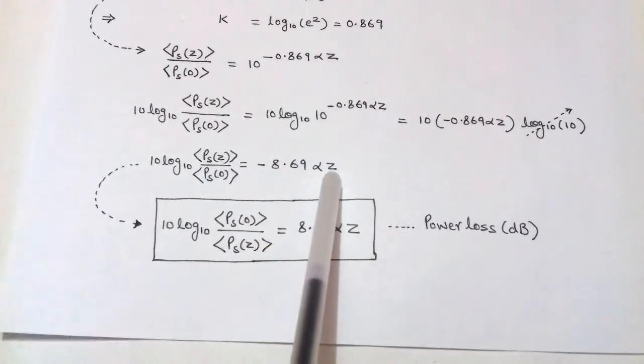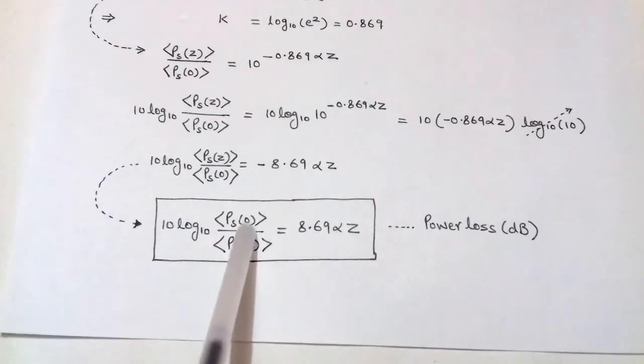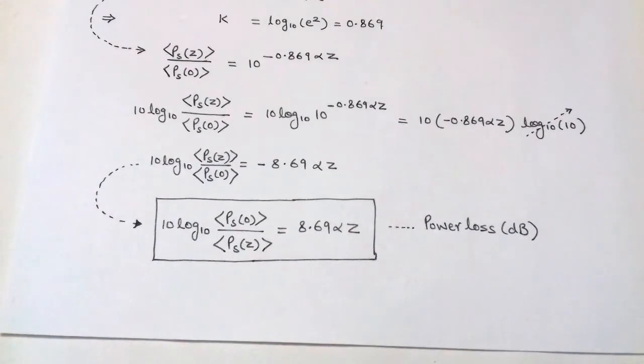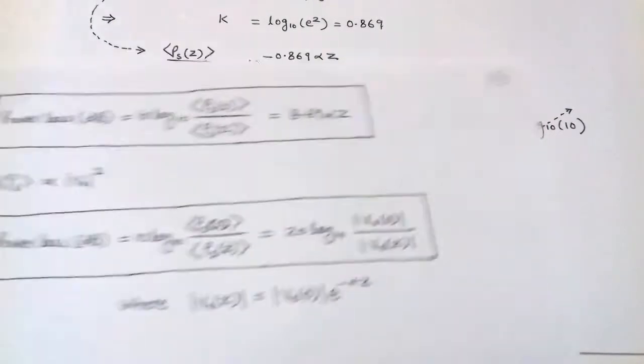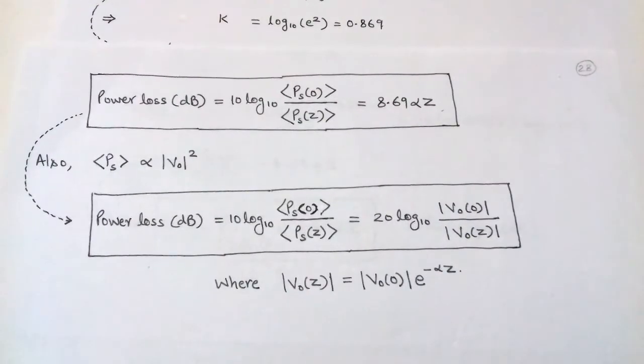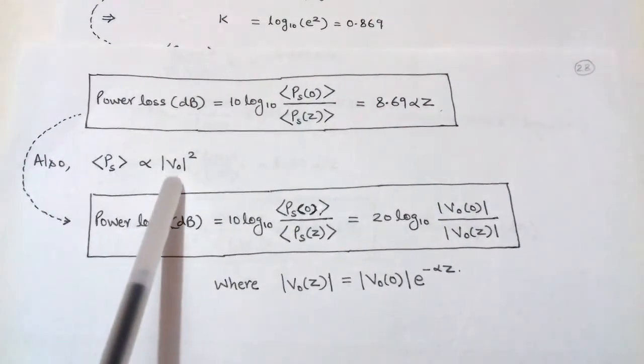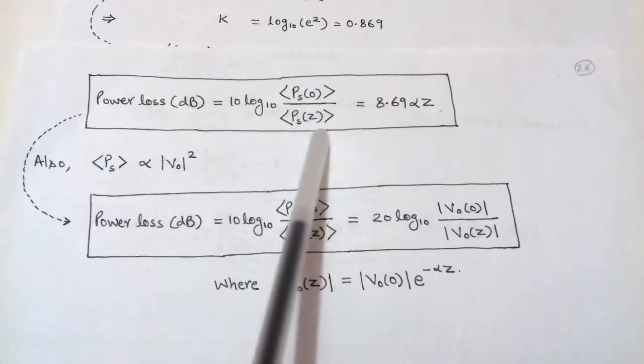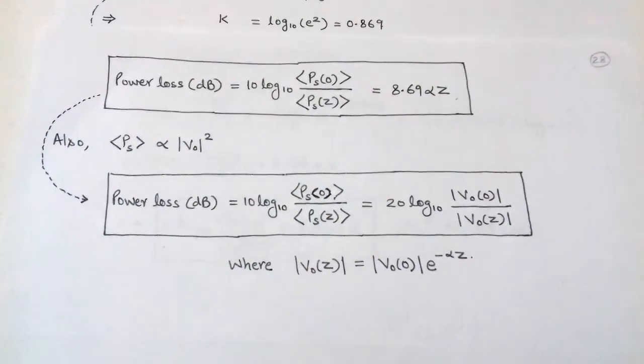Also we know that the time average power in phasor form is directly proportional to mod of V naught squared. So we can also write the power loss in terms of mod of V naught.